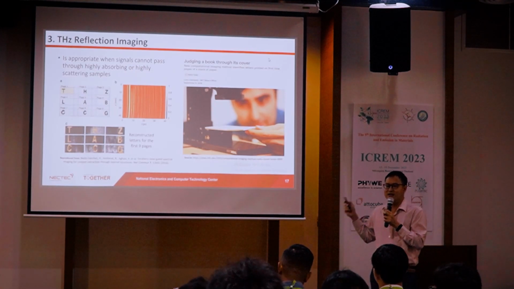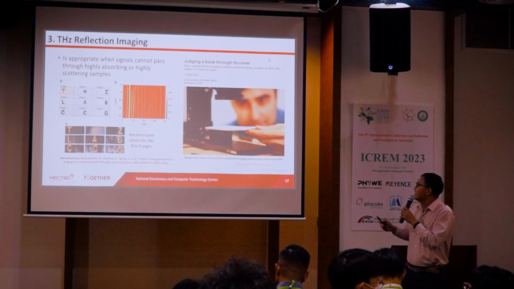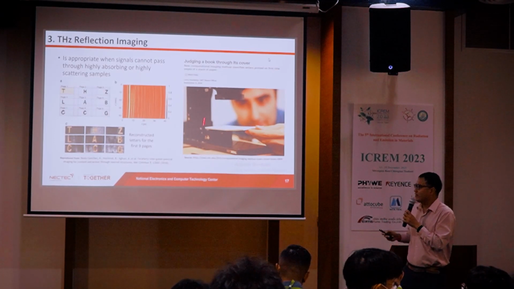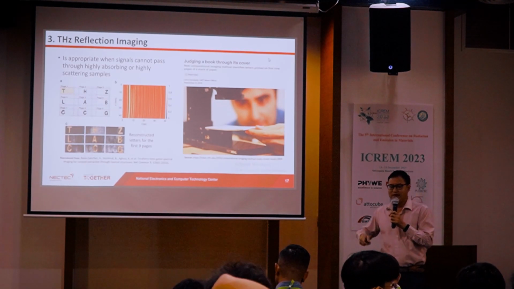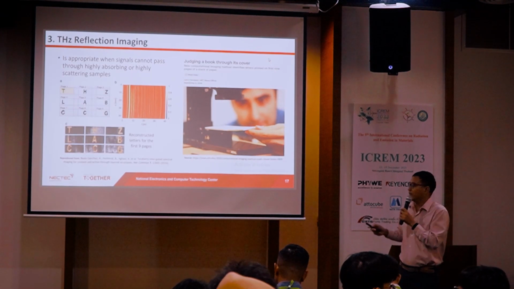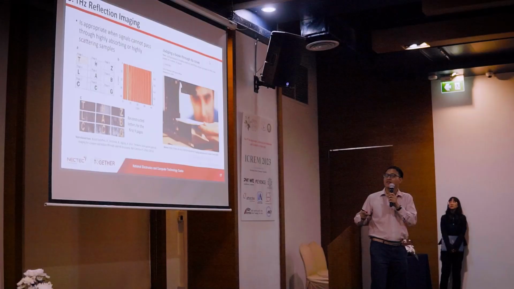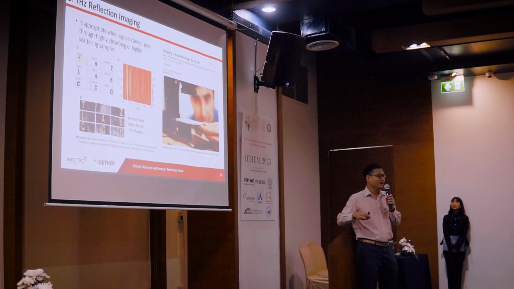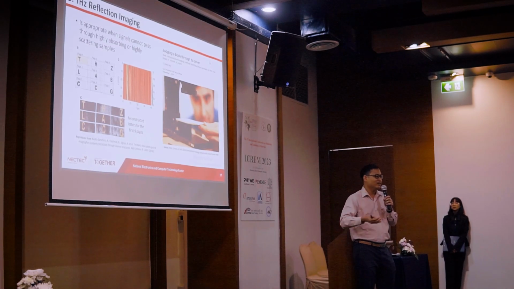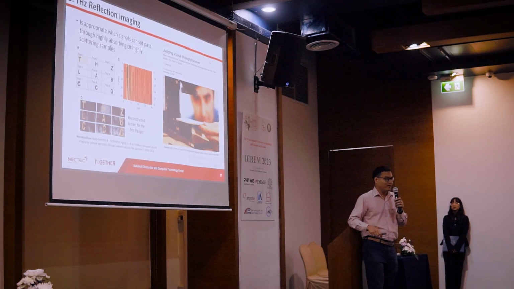This is very useful, and I'm not sure if any of you have seen this news before, back in maybe 6 or 7 years ago. So here's the headlines of the news. It says that the MIT team has used the terahertz reflection imaging approach to actually read the books within the first 9 pages, and they did not open that book at all.